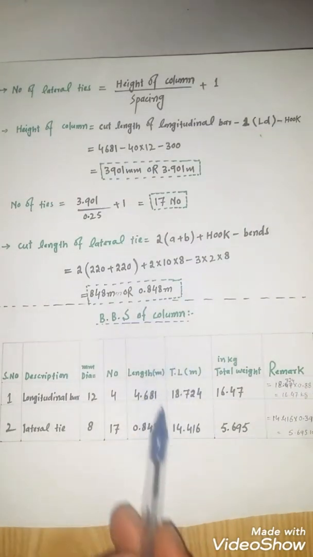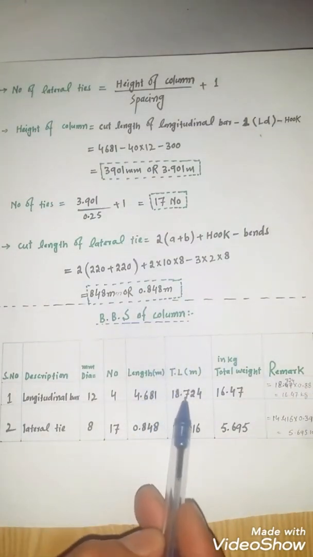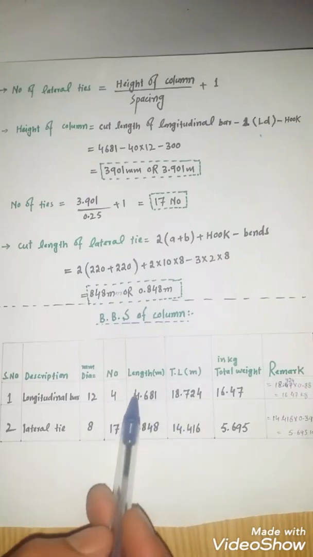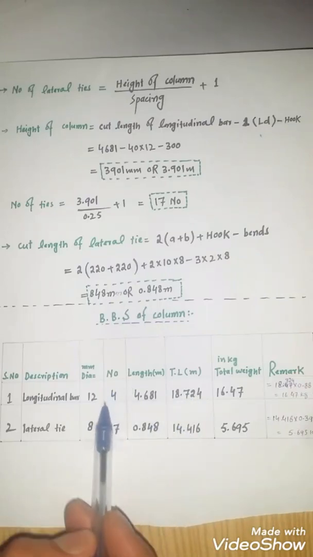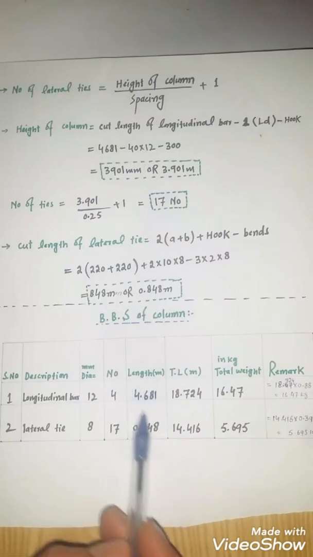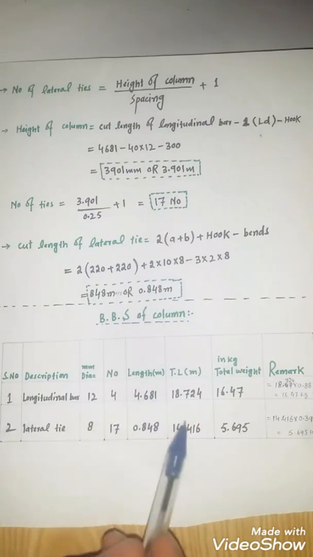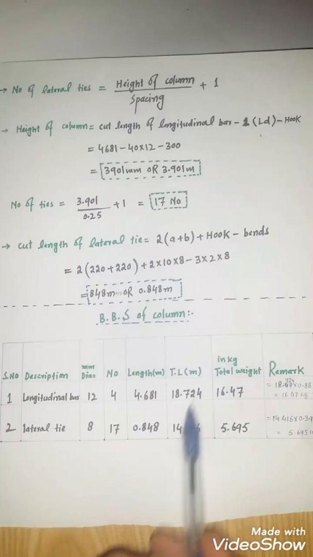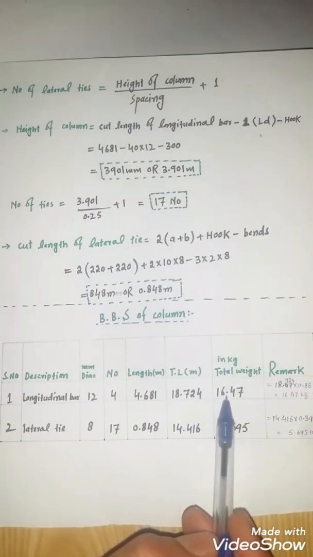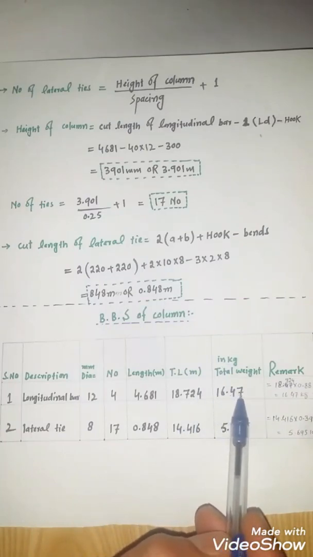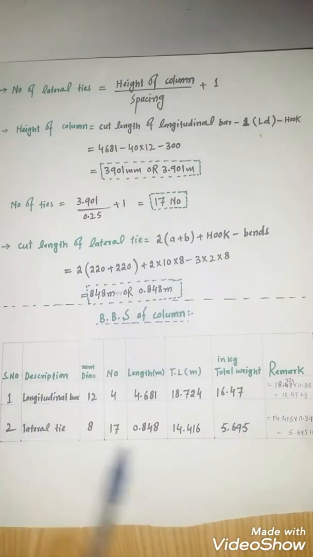The total length is equal to 18.724. You just need to multiply the number of bars with this length. And the total weight in kg is equal to 16.47 kg. How to find this weight?